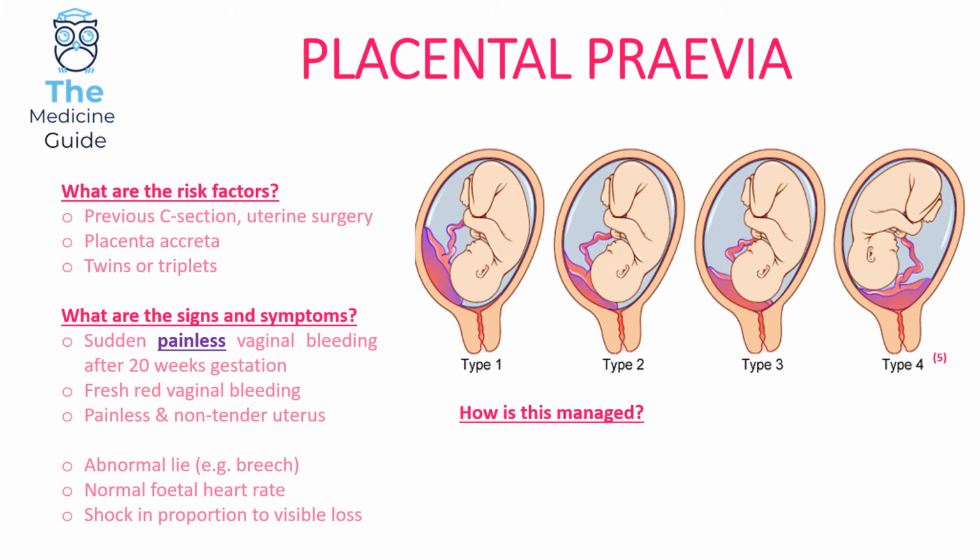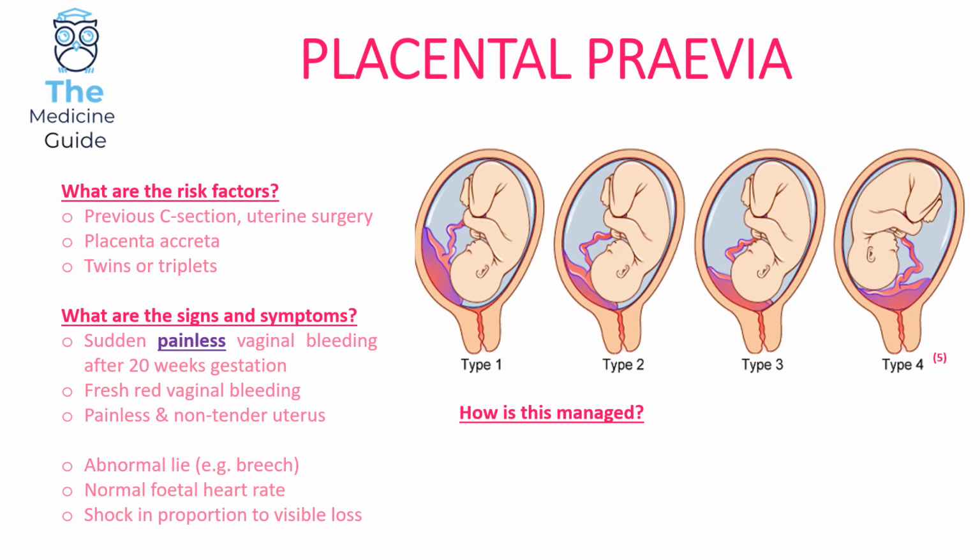I'll discuss placental abruption later on in the video, but we need to recognise that placenta previa is typically and commonly a painless vaginal bleed, and that's important because in SBAs they often ask you to compare, contrast and distinguish between placenta previa and placental abruption. So just remember, placenta previa will present with painless vaginal bleeding.